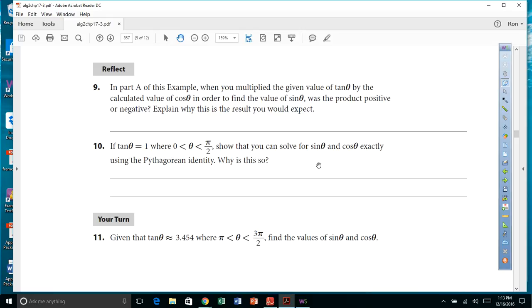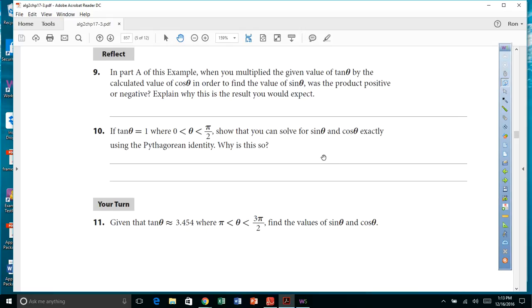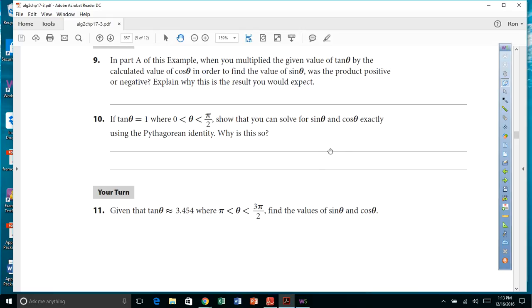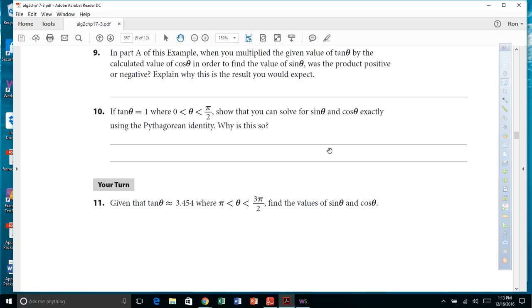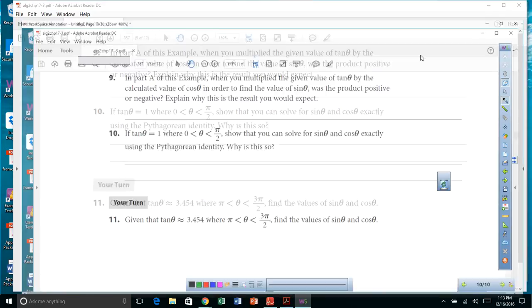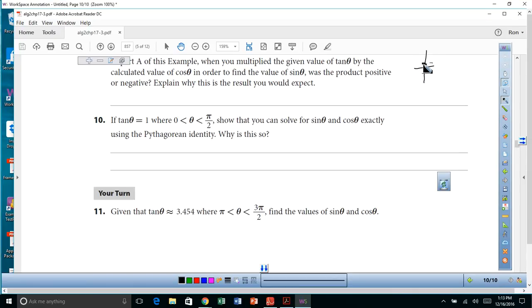Number nine. In part A of this example, when you multiplied the given value of tangent theta by the calculated value of cosine theta in order to find the value of sine theta, was the product positive or negative? Explain why this is the result you would expect. Okay, well, let's look in here. It was positive.